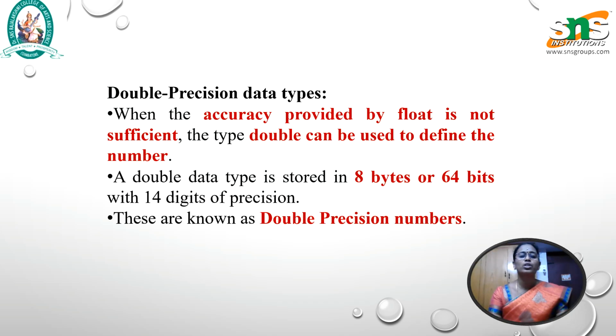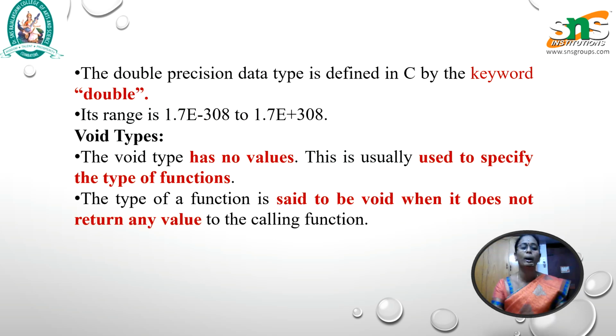Double precision data types are provided because float is not sufficient; the double can be used to define larger numbers. The double data type is stored in 8 bytes or 64 bits with 16 digits of precision. This is also known as double precision numbers. These are used to store long values, that is decimal values, in the C program.